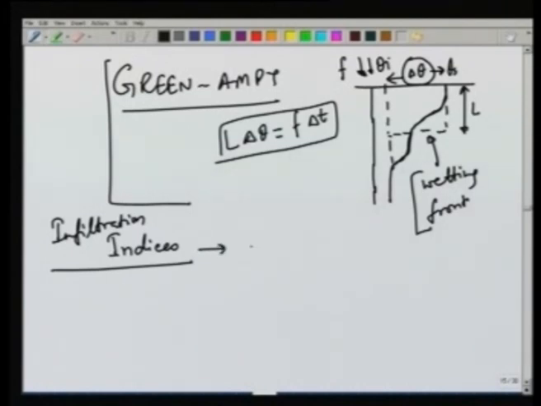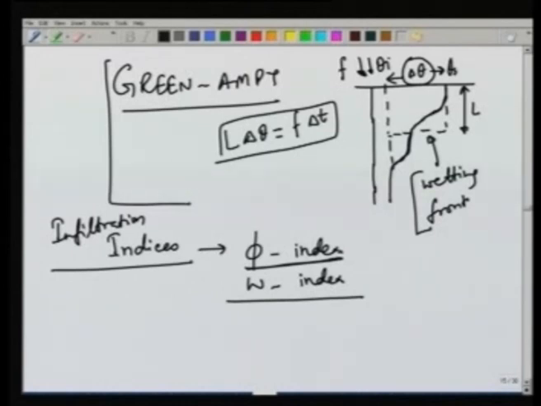and the two common indices which are used are known as the phi index and the W index. Now, these represent the average infiltration rate.